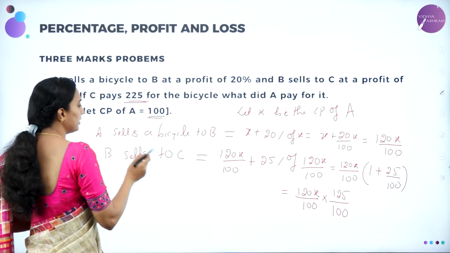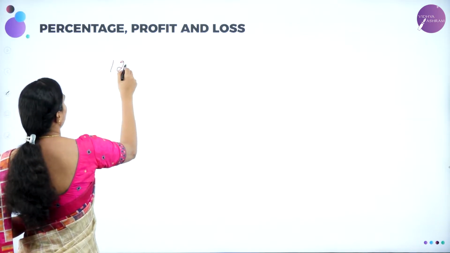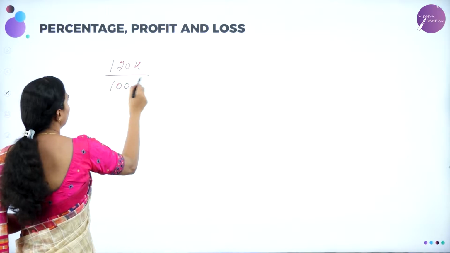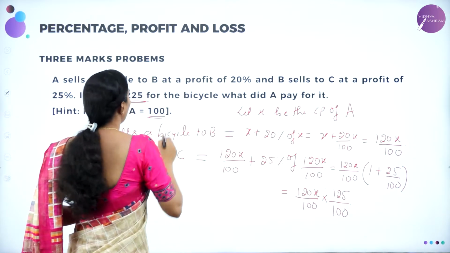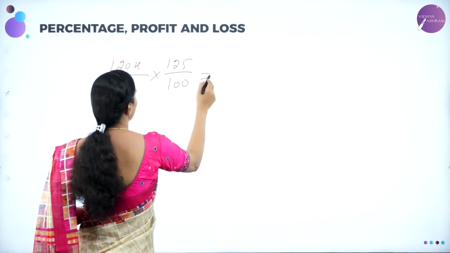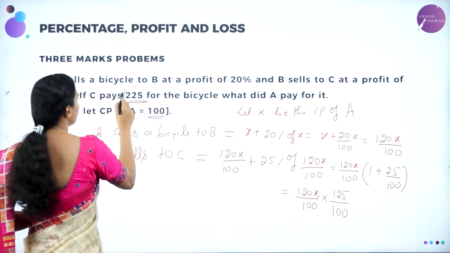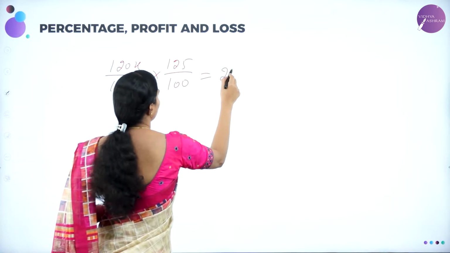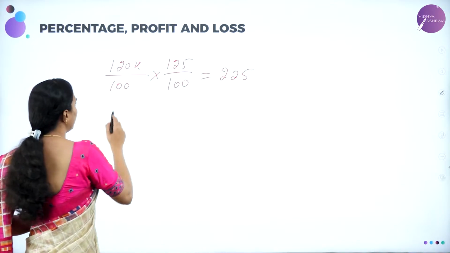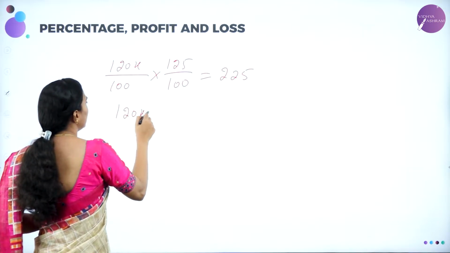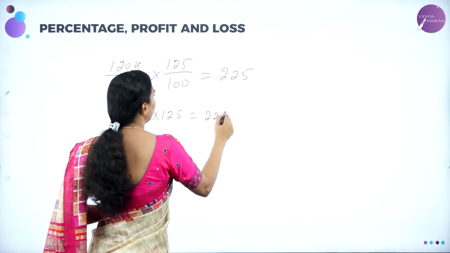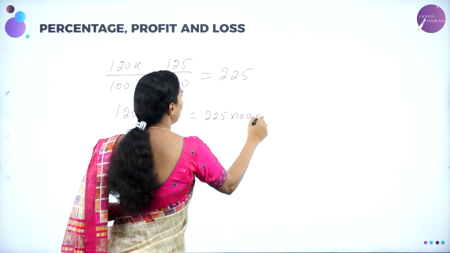So 120x divided by 100 into 125 divided by 100 is equal to 225. Taking 100 into 100 across, 120x into 125 is equal to 225 into 100 into 100.